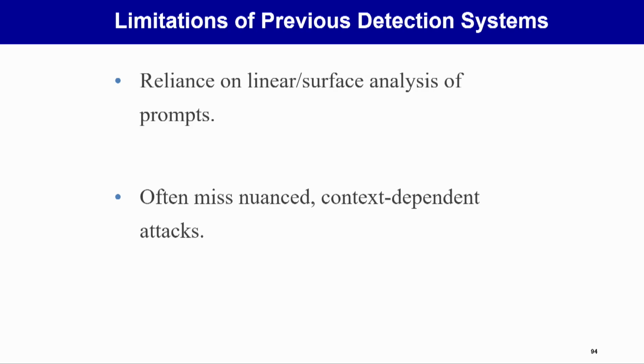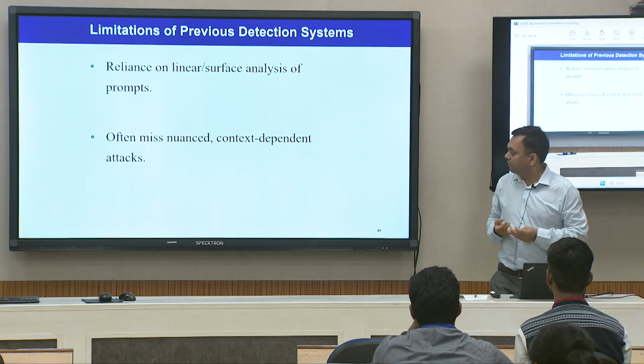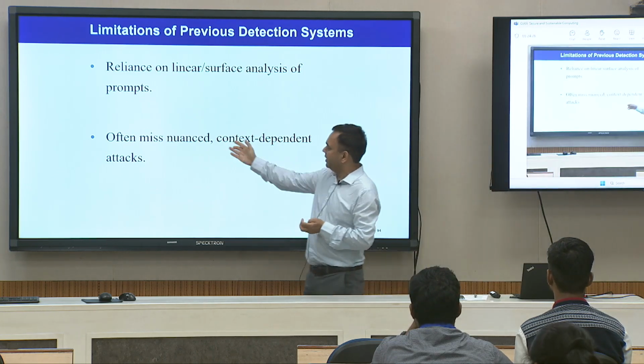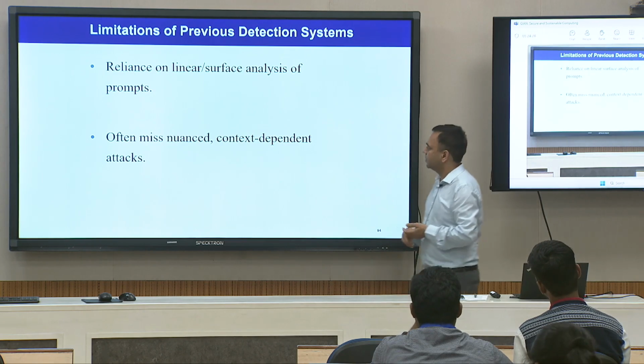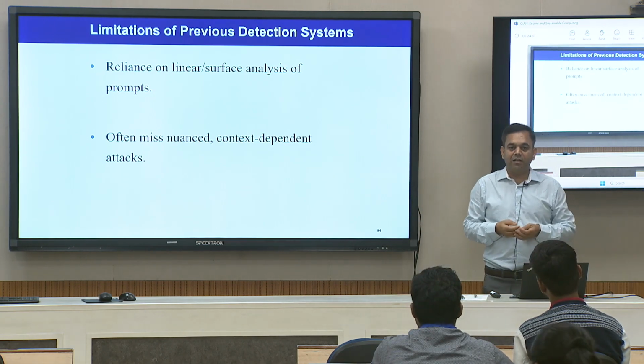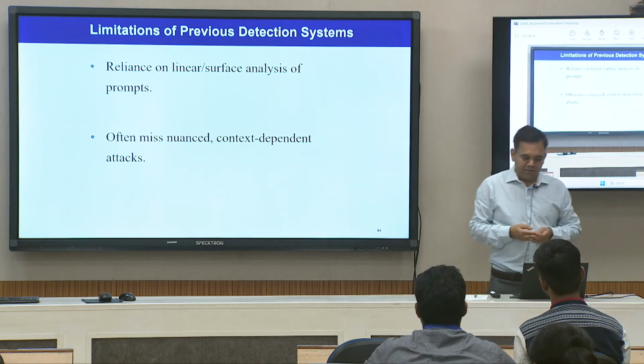In your prompt there are a lot of words, and they do some sort of linear analysis, one word after another, or like I said, they look for a word like bomb or murder and rely on that. And if they do that, they often miss non-context-dependent attacks, so they cannot work well.